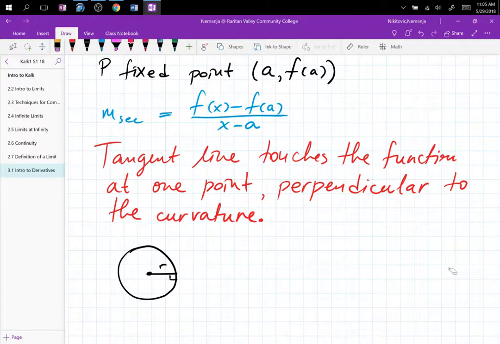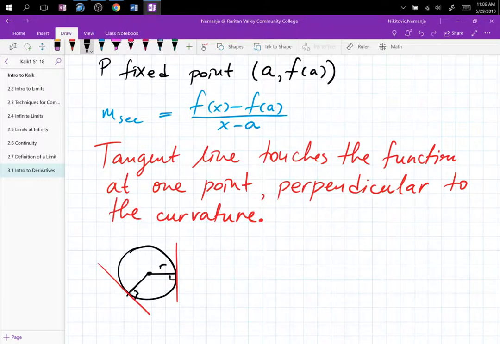Maybe I should draw the tangent line red to be consistent. So the tangent line, as you can see, is perpendicular to the radius, and radius is the one that swipes the curvature. We can draw the same situation anywhere on the circle. Let me just draw this tangent line here. Again, as you can see, it's perpendicular.